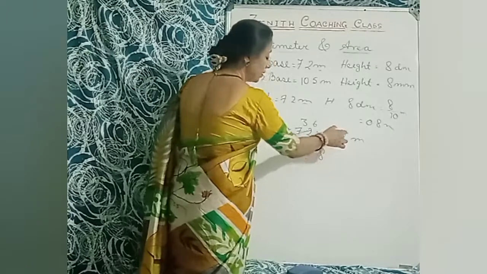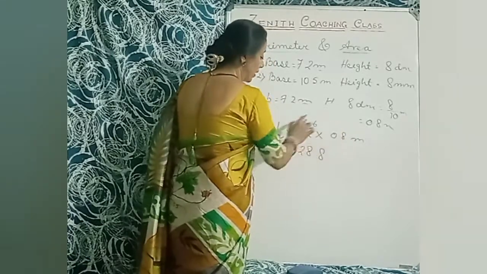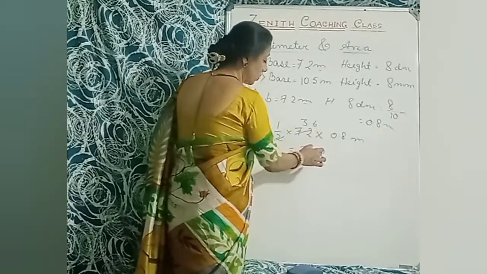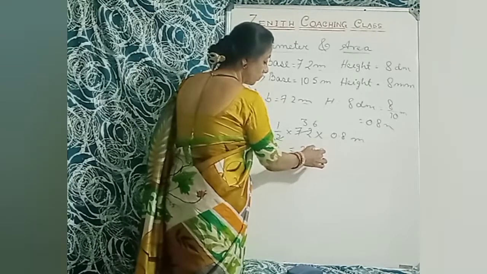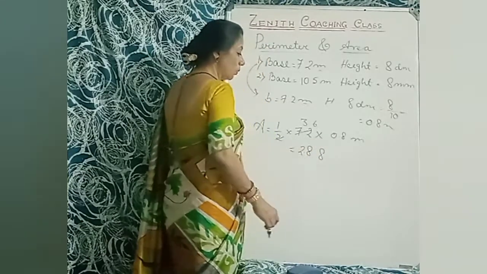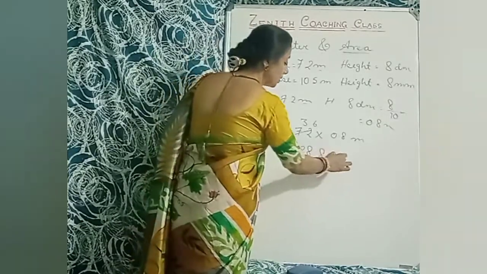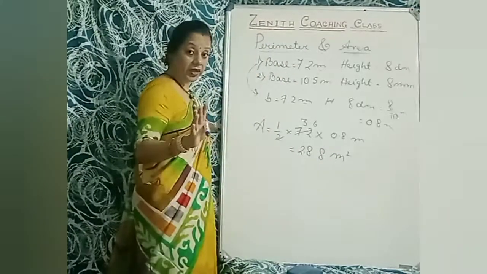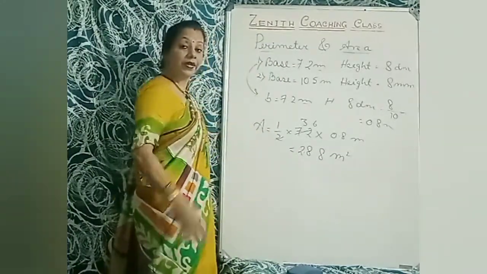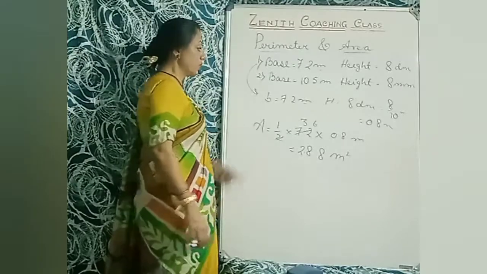Here is one digit and here is one digit, so decimal before two digits: 2.88 meter square. Don't forget to put the unit here, otherwise marks will be deducted. So this is the first sum.